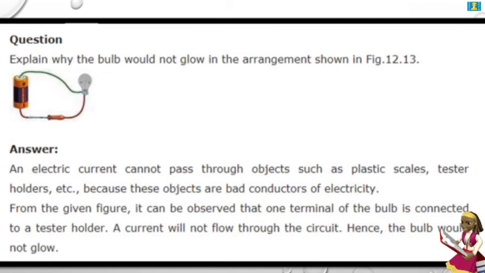And the answer is, an electric current cannot pass through objects such as plastic scales, tester holders, etc. because these objects are bad conductors of electricity. From the given figure, it can be observed that one terminal of the bulb is connected to tester holder. A current will not flow through the circuit, hence the bulb would not glow.